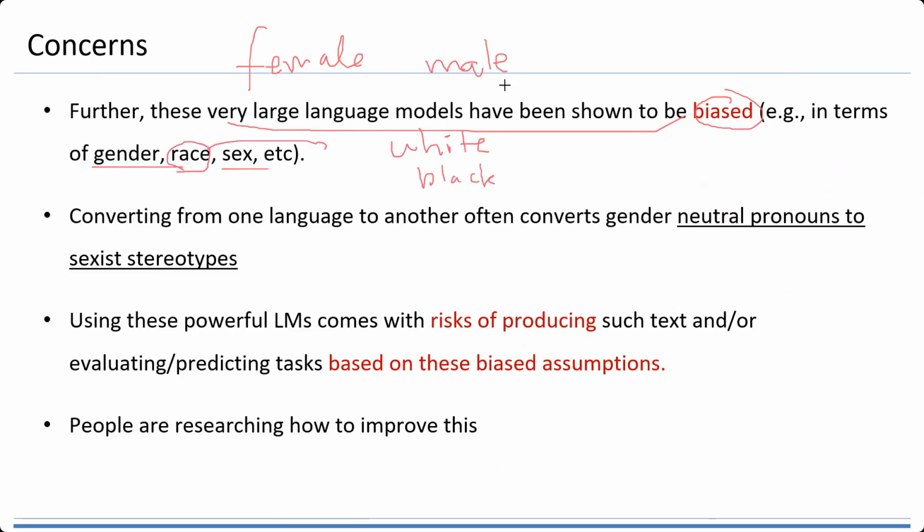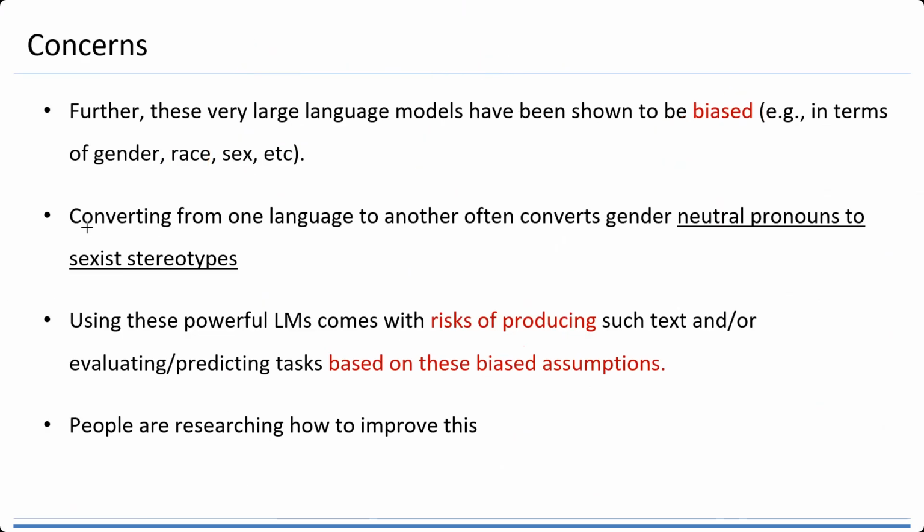Sex, yeah, this is about male, female, masculine, feminine, because some of the words, like in European countries, if you use friends, they have some feminine words. If you use something like Helen, Taigu, this also has some feminine words. So they still cannot do well on those words. And converting from one language to another often converts gender neutral pronouns to sexist stereotypes.